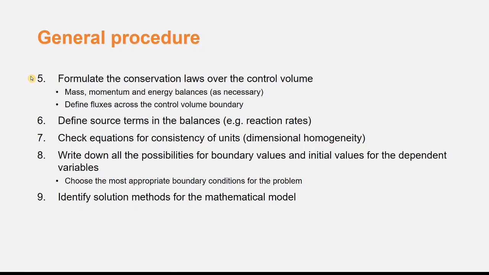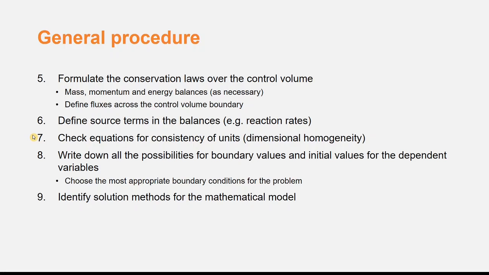Step 5. Formulate the conservation laws over the control volume. Set up the mass, momentum, and energy balances as necessary. Define the fluxes across the control volume boundary. Step 6. Define source terms in the balances, such as the reaction rates. Step 7.